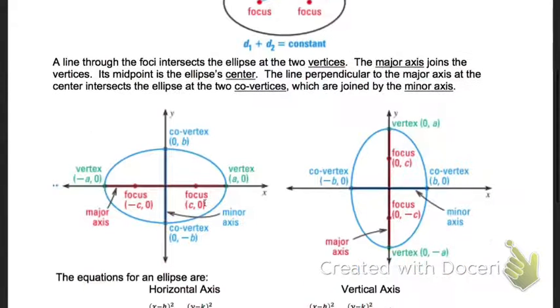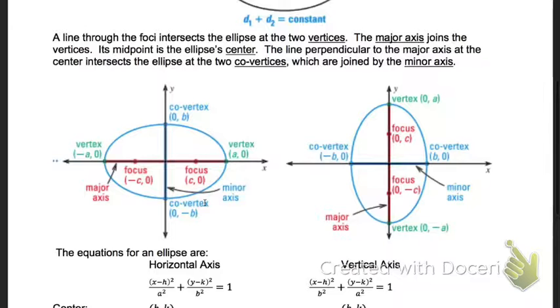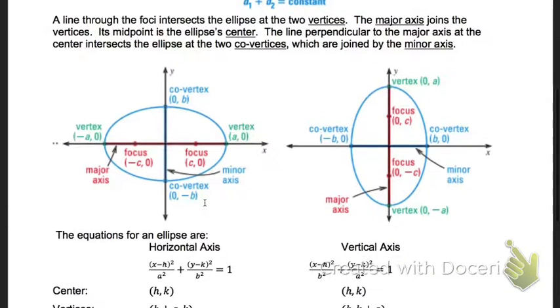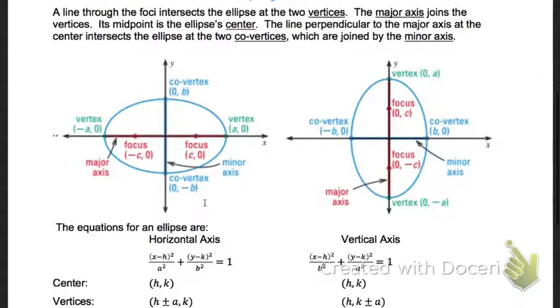So here are two examples. We've got a vertical and a horizontal. And this is what I would call a horizontal ellipse. It's when the major axis is horizontal.